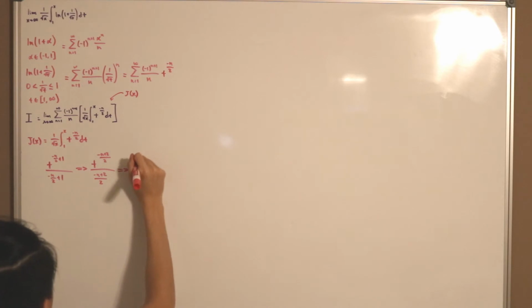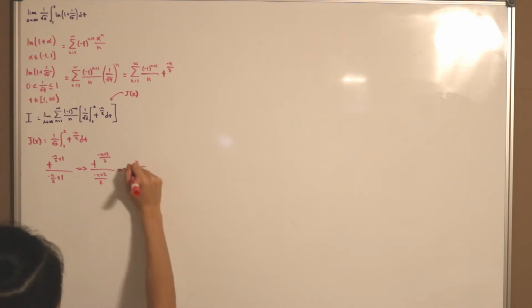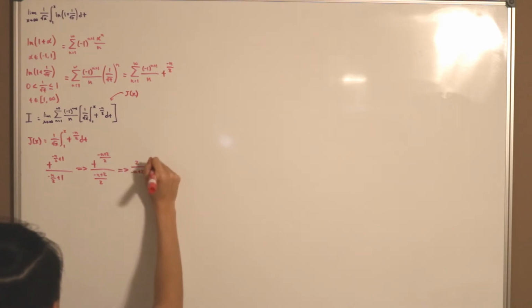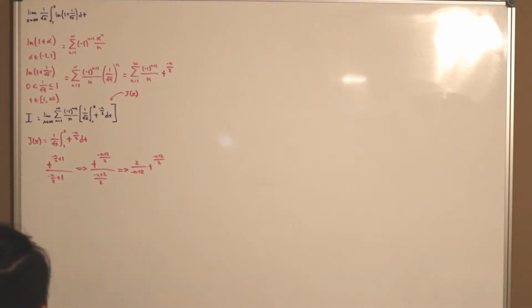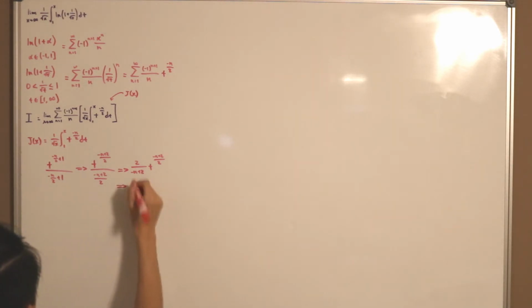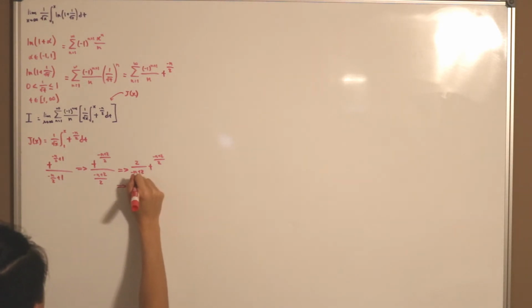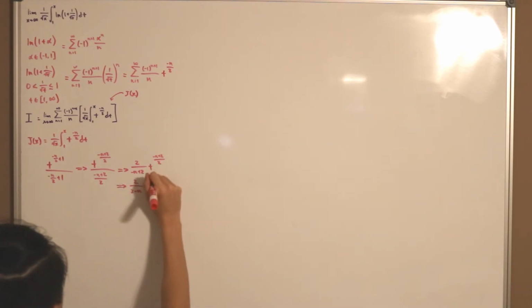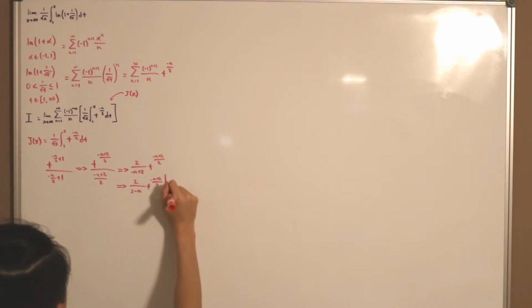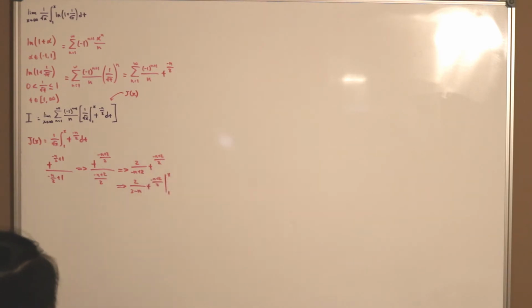So this is 2 divided by -n plus 2, times t to the -n plus 2 divided by 2. I'm going to rearrange the terms, so this is simply 2 divided by 2 minus n, times t to the negative n plus 2 divided by 2, all being evaluated from 1 to x.